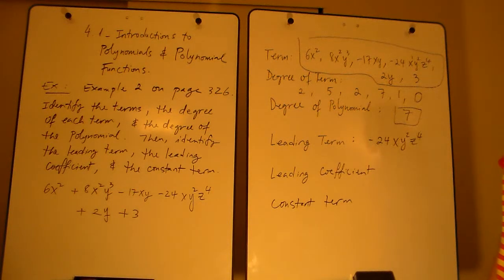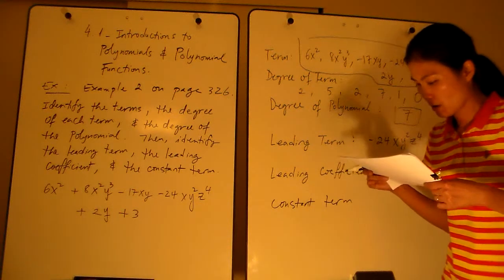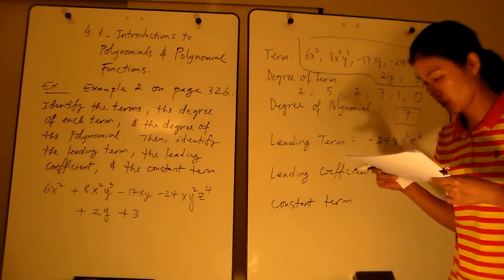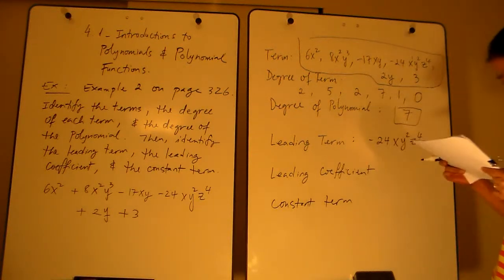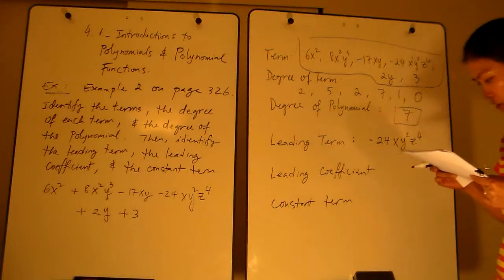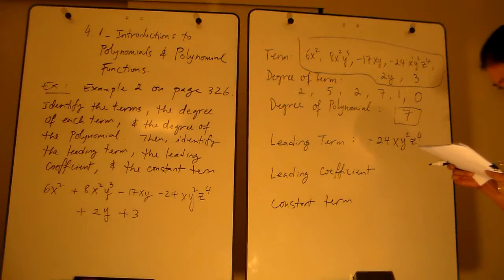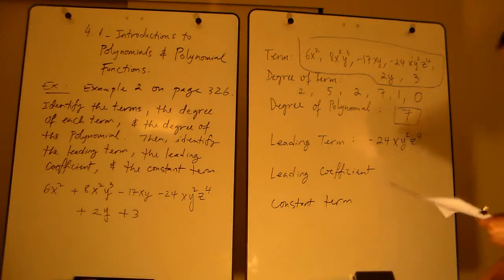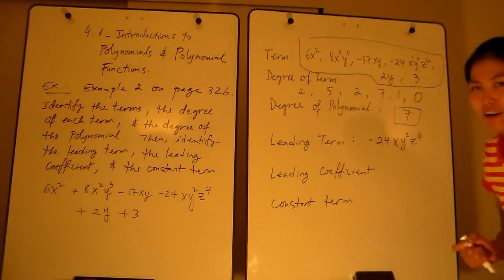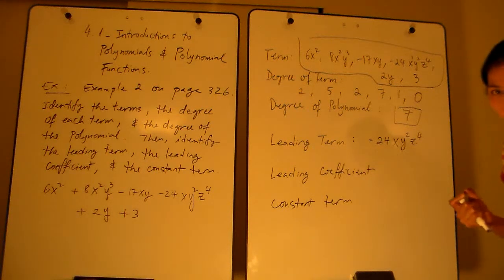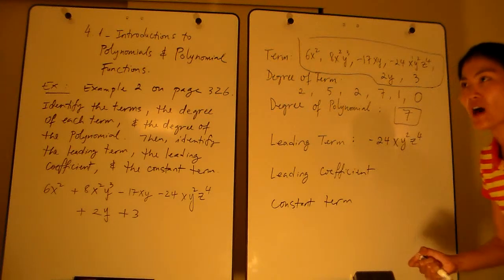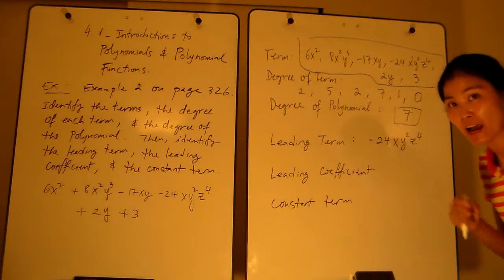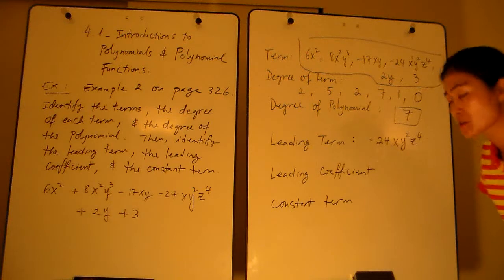How about the leading coefficient? The coefficient of the leading term is the leading coefficient. So look for the leading term and find its coefficient. The coefficient is the value in front of the variables.